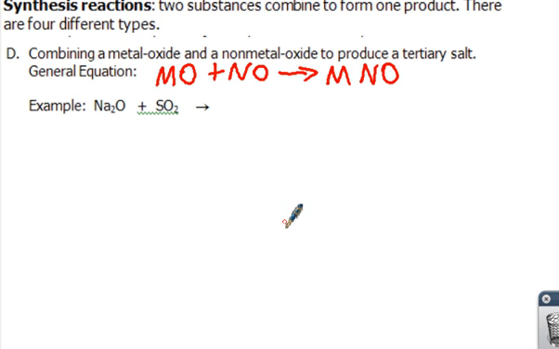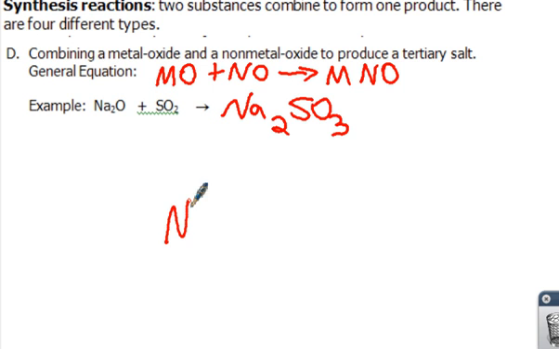So we have our metal here is sodium. The polyatomic ion would be sulfur with 3 oxygens, which is sulfite. And we would need 2 sodiums. Happens to work out perfectly. Sodium's a +1. Sulfite is a -2. So we would need 2 of these. And so these charges do balance out as we form this ternary salt.